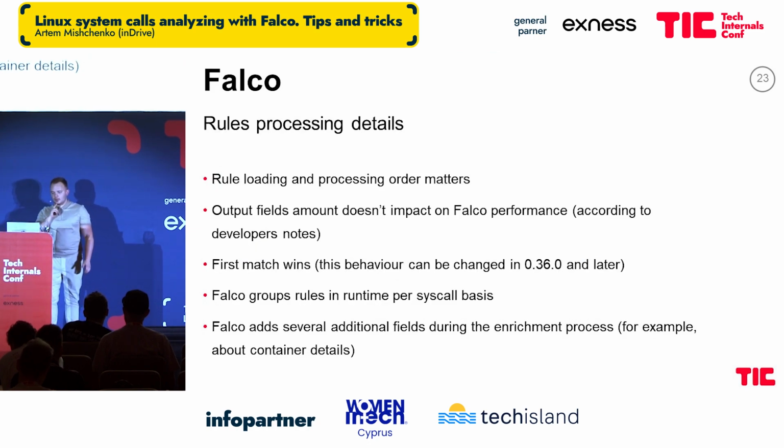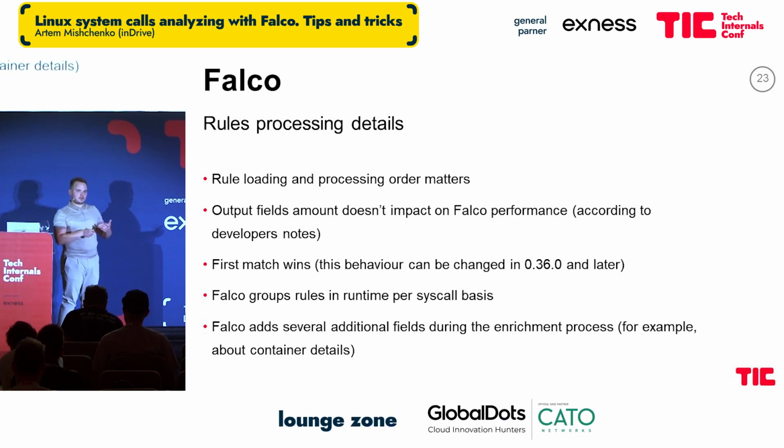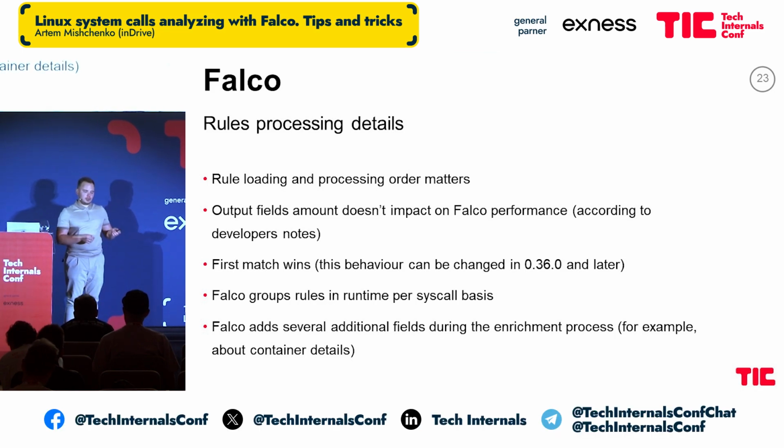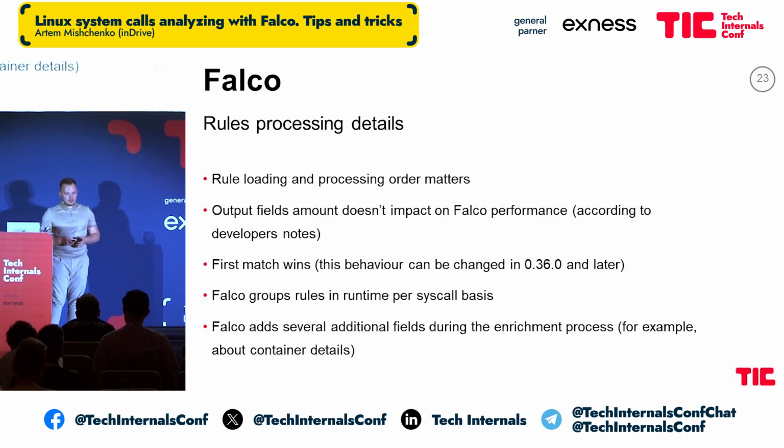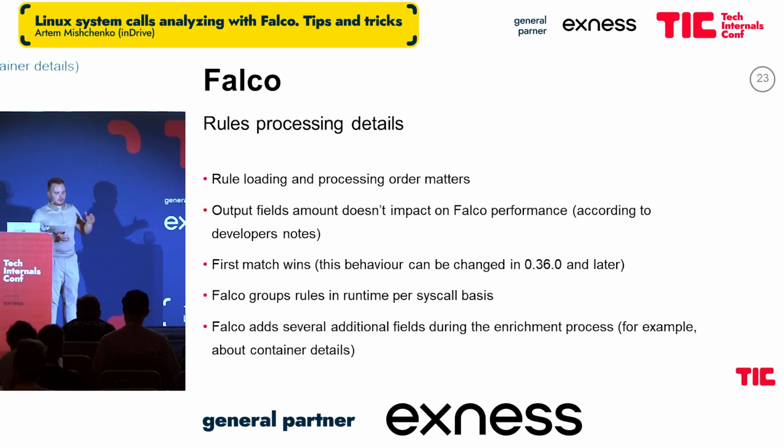Let me share with you some insights and internal details about Falco rules processing. We can put one rule file, we can put multiple files, so we can do anything we want here, but we need to understand and remember that rule loading order matters. And inside one rule file, we can also add different sections.